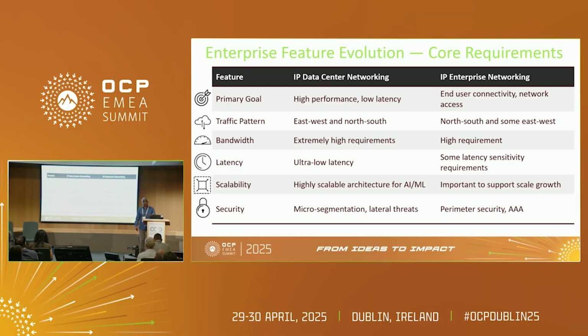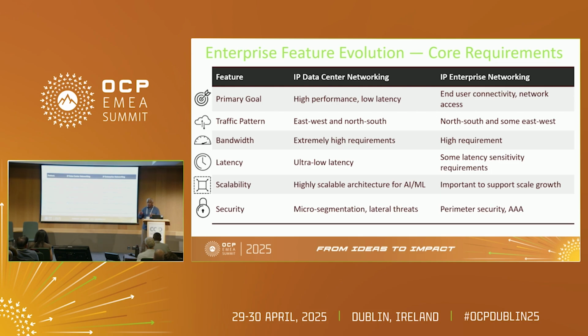Typically in the data center, you're much more interested in east-west traffic, right? Traffic between server functions. Yes, there is north and southbound as well. That's certainly there, but east-west is critical. Whereas typically from an enterprise perspective, you're primarily interested in north-south traffic, right? So your user into the network to your servers and your server functions.